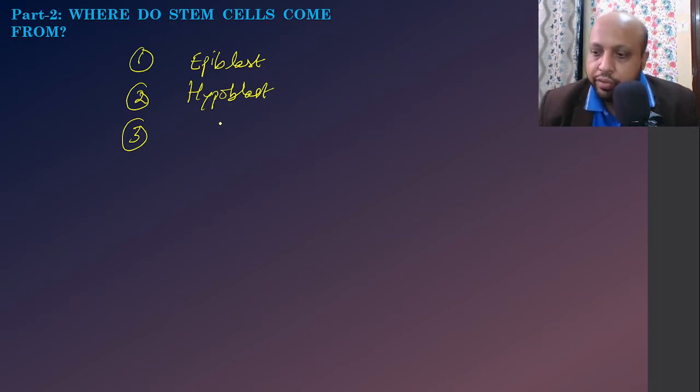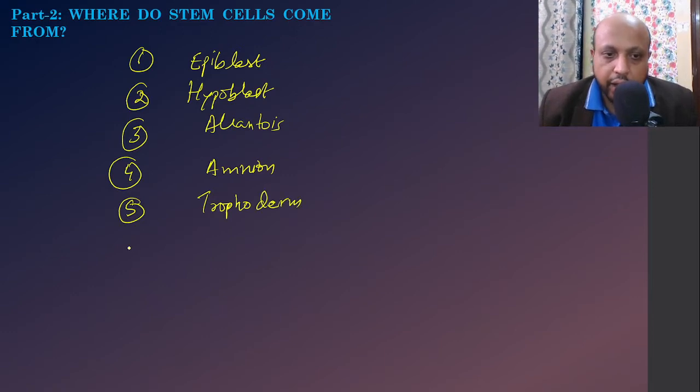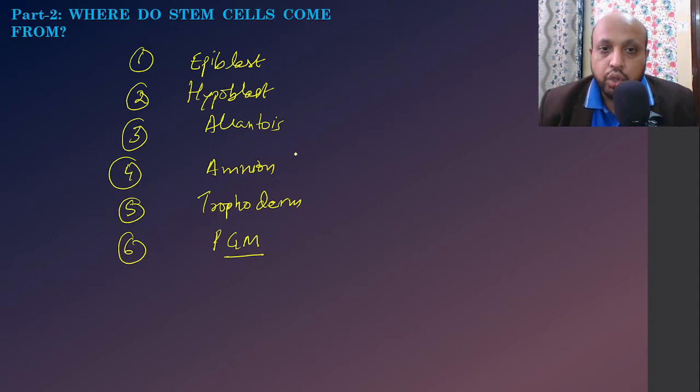Then you have the allantois, the fourth terminology is the amnion, the fifth is the trophoderm, and one is the PGC, or primordial germinal cells.